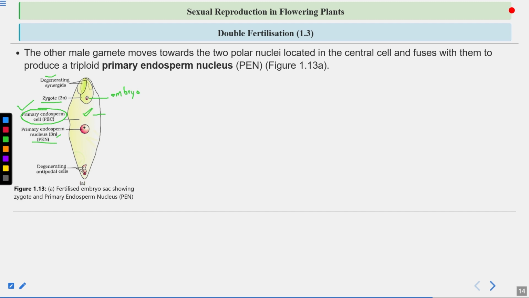So earlier, just before the triple fusion, it was the central cell, but after the triple fusion, it is called the primary endosperm cell, and the nucleus is called the primary endosperm nucleus. Okay, good.